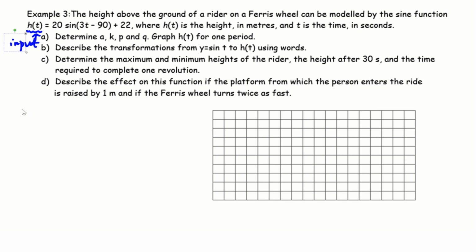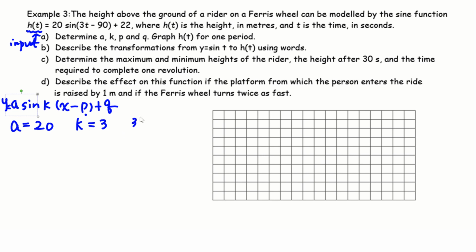So this one, compare it with a sine k bracket x minus p bracket plus q. This is the general form. Compare it with this to get the a value is 20, the k value is 3, and the p value, be careful, we need to factor the 3t minus 90 first.